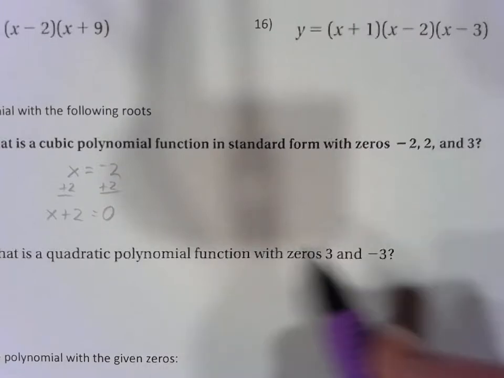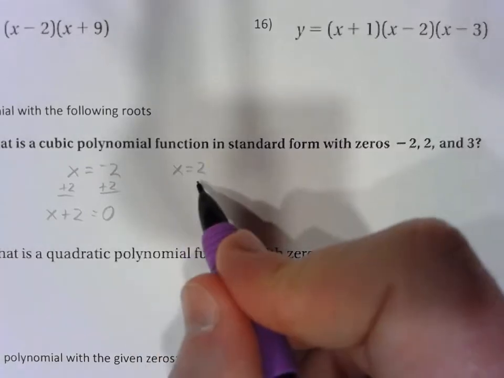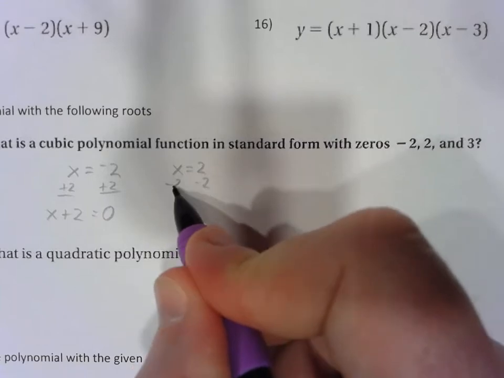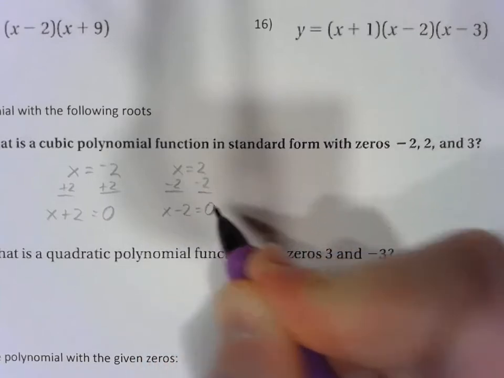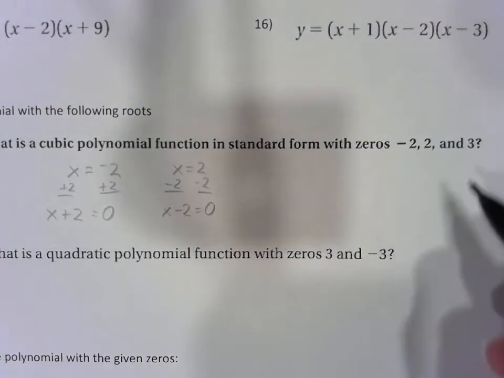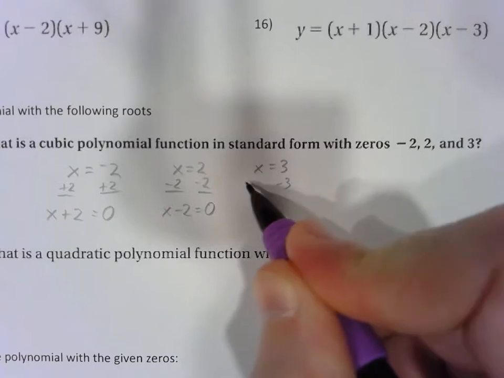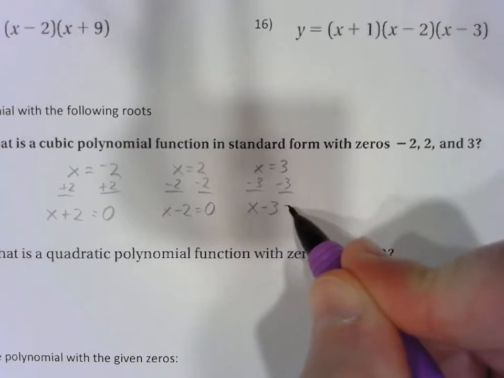Likewise, for x equals 2, I need to set it equal to 0, so I have to subtract that 2 to make it x minus 2 equals 0. And finally, x equals 3, I need to subtract 3 to make it x minus 3 equals 0.